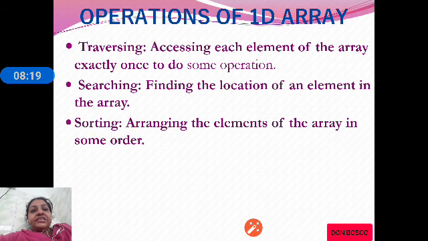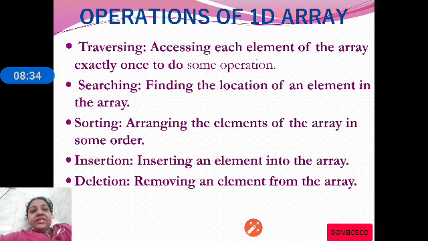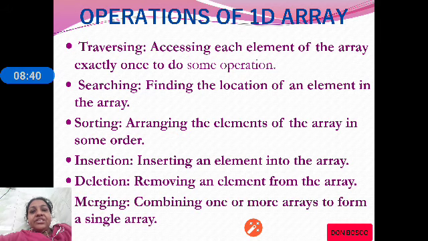Sorting is arranging the elements in the array in particular order, that is in ascending order or descending order. Insertion. Inserting an element to the array. Similarly we have deletion, removing an element from the array.